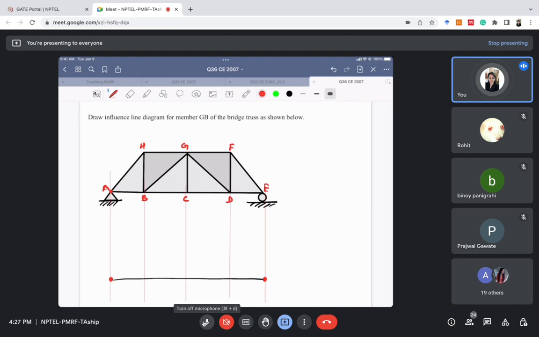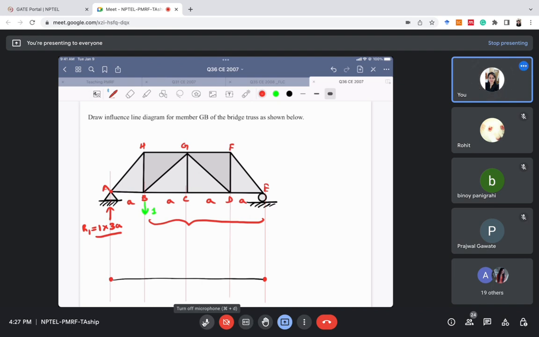For the middle points, we need to calculate. Now let's check for point B. We'll apply the unit load at point B, and after applying the unit load, we'll calculate the reactions. Let us call all the lengths A again. So reaction R1 will be 1 multiplied by this length, so it is 3A divided by the total length.